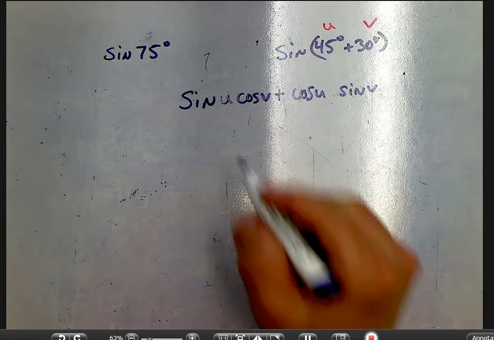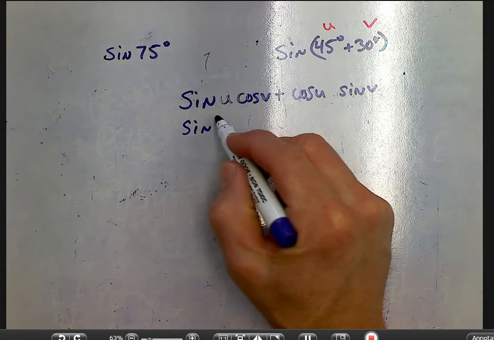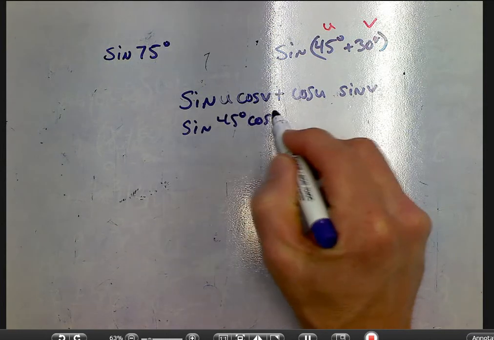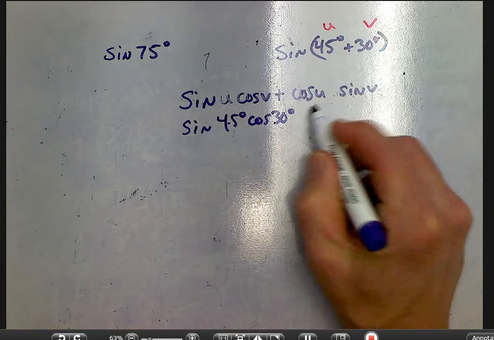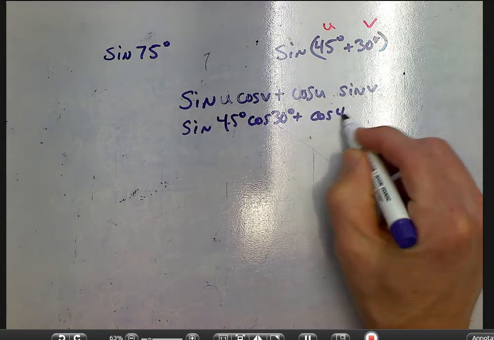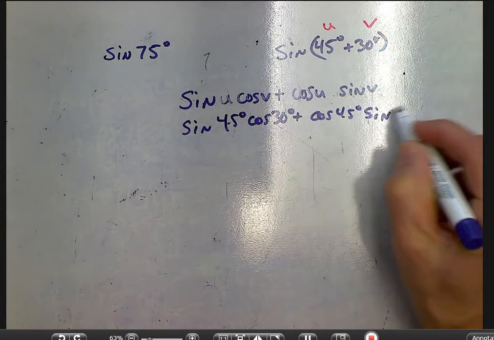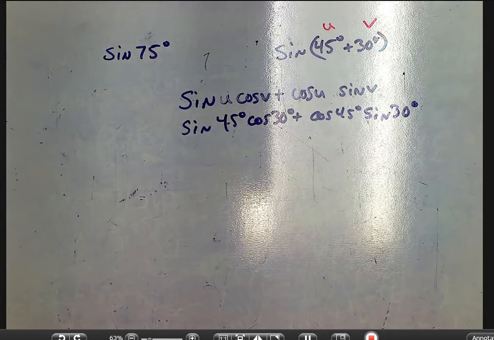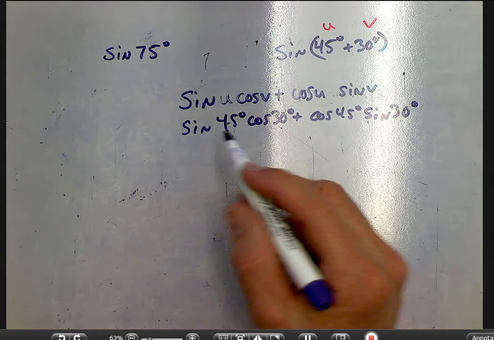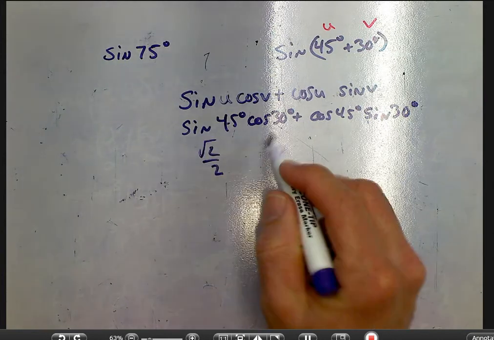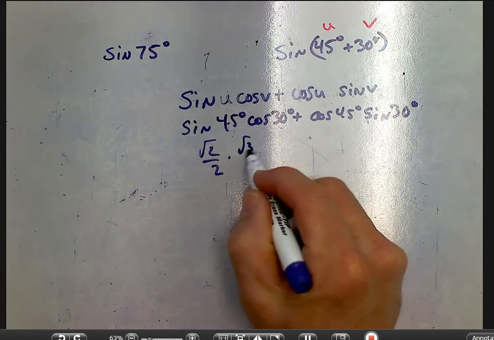So it'd be the sine of 45 degrees, cosine of 30 degrees, plus cosine of 45 degrees, sine of 30 degrees. Sine of 45 is square root 2 over 2. Cosine of 30 is square root 3 over 2.